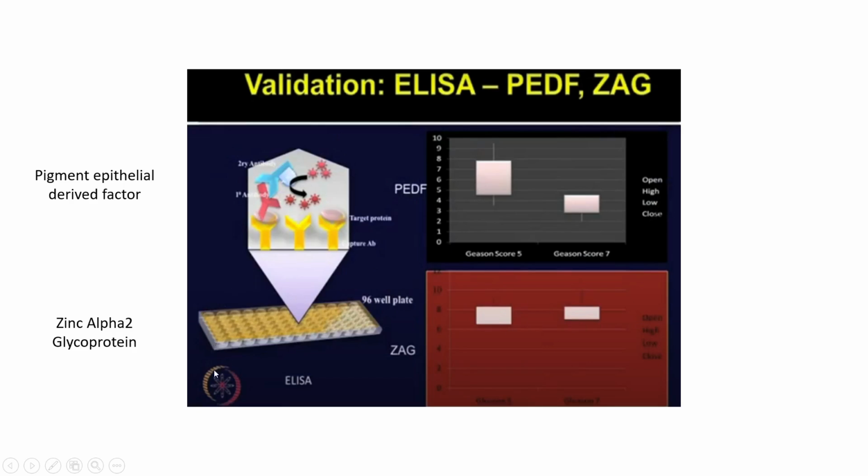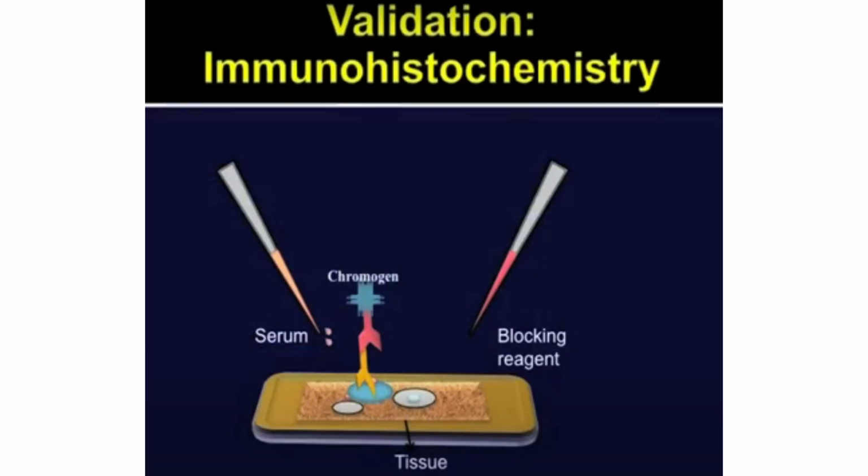You can also use Western blot as one of the techniques to validate whether these proteins are present for upregulation or downregulation. Then there is one more technique, immunohistochemistry, a similar kind of technique. In the tissue sample itself, you can find whether those specific proteins are present or not.